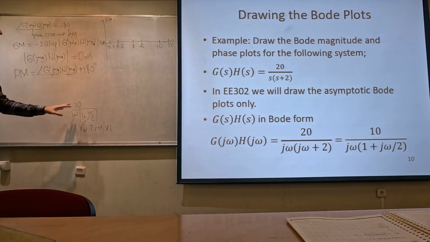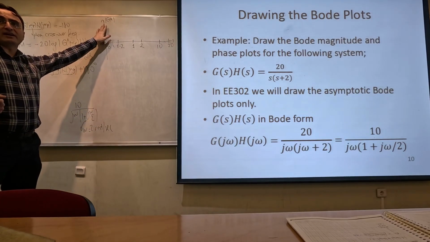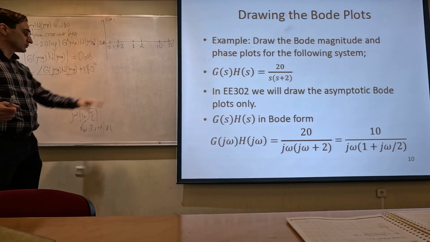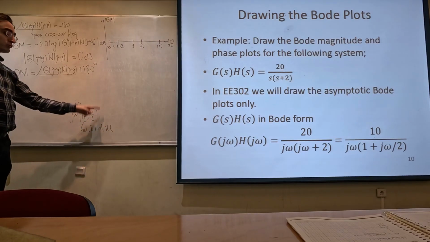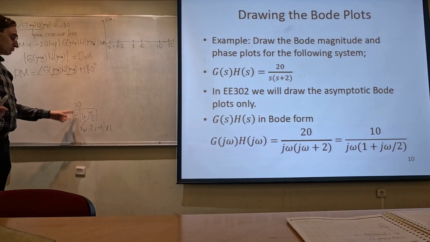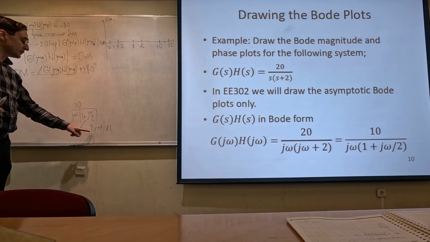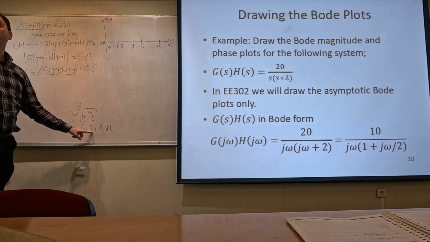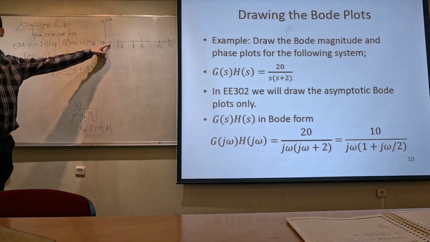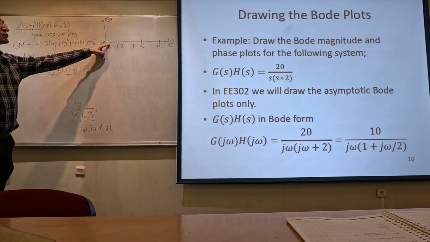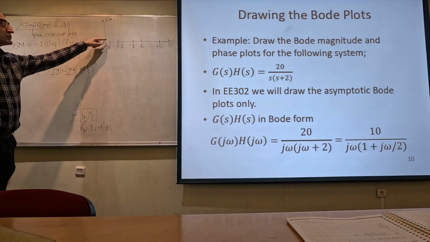Now, to start the Bode plot at some point for a small frequency, I will go to the left, to frequency values much smaller than this corner frequency. For example, I can choose 0.1 as my initial value for the magnitude plot.